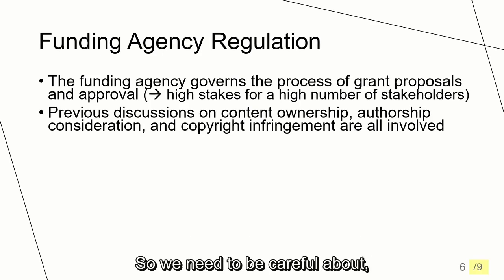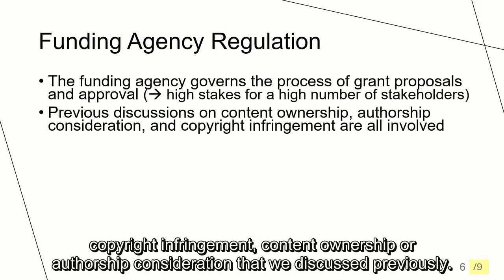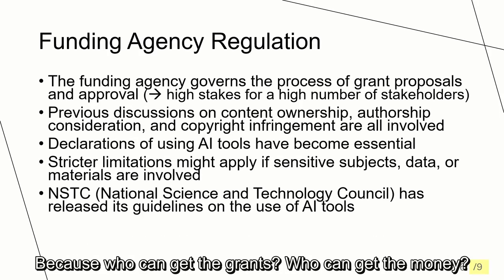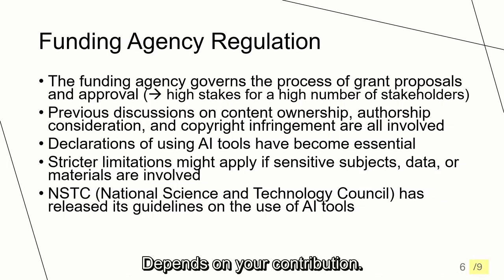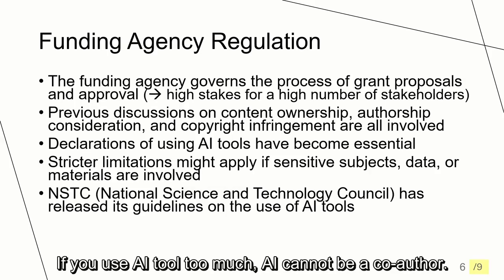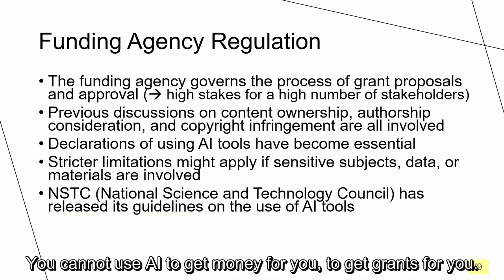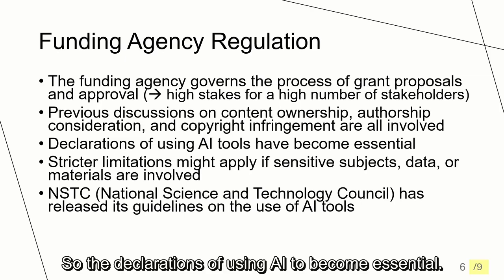So we need to be careful about copyright infringement, content ownership, and authorship considerations that we discussed previously, because who can get the grants, who can get the money, depends on your authorship. It depends on your contribution. If you use AI tools too much, AI cannot be a co-author. You cannot use AI to get money for you, to get a grant for you. So declarations for using AI tools become essential.